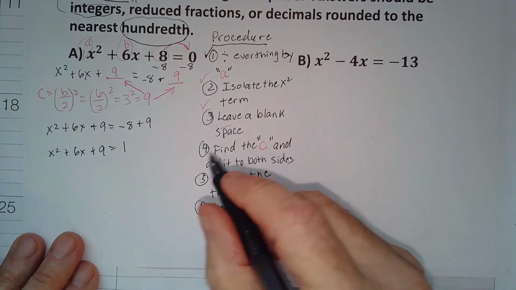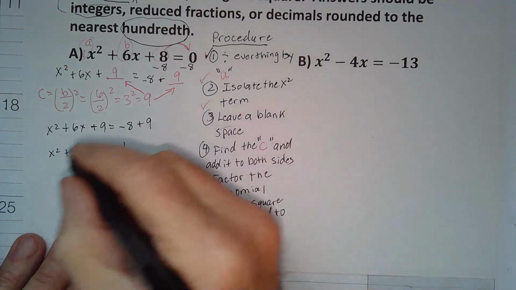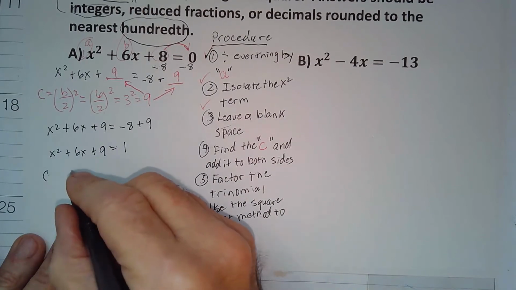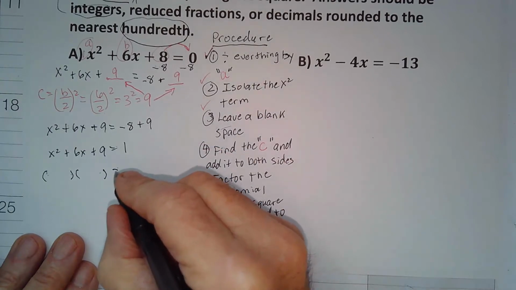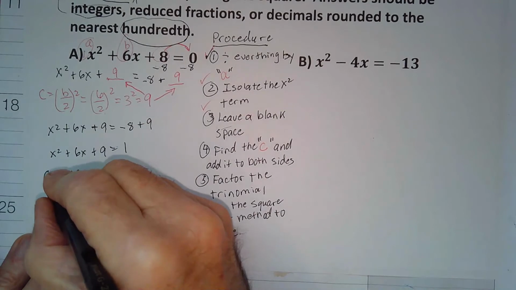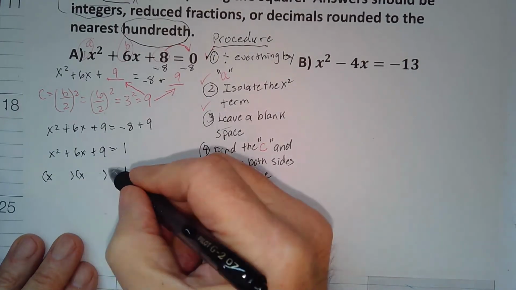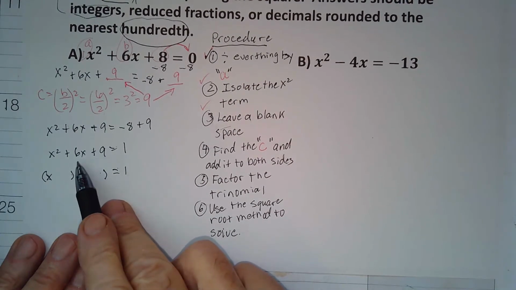All right, so now I want to factor the trinomial. So factoring the trinomial, I double bubble, and that's going to equal 1, so I'll just put that over there. Now x squared is x times x, right? Now what do we put here into the second term? What times what equals 9, that when added together equals 6.